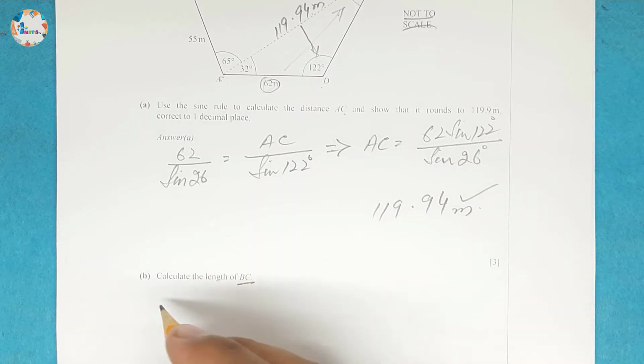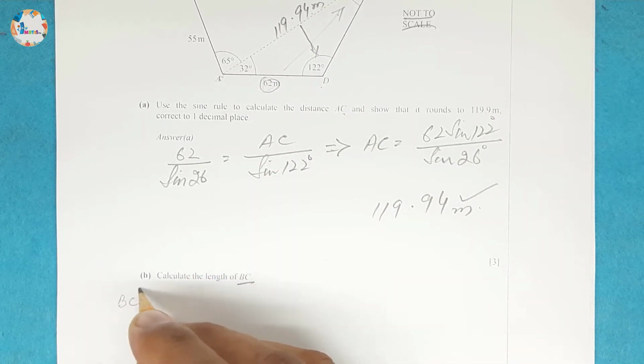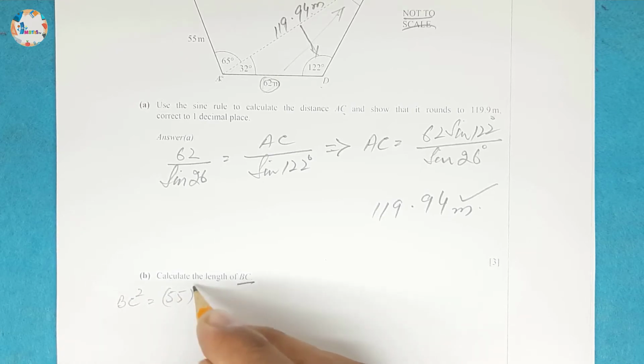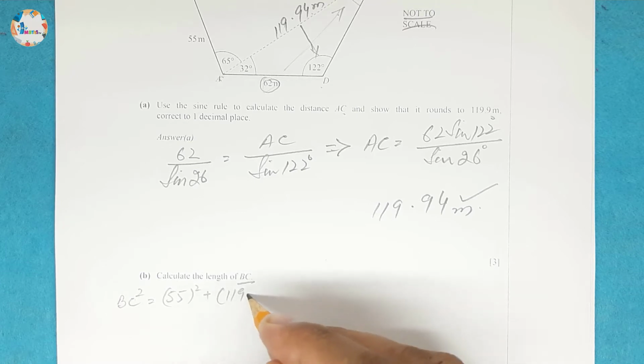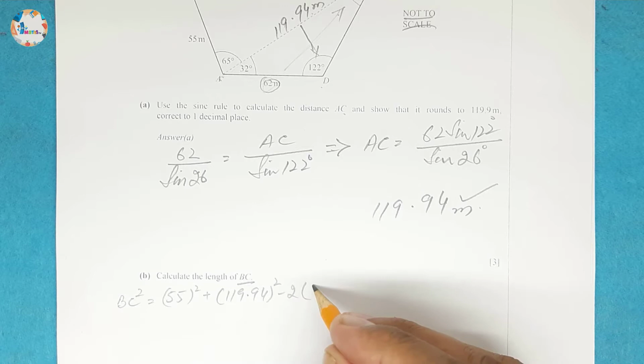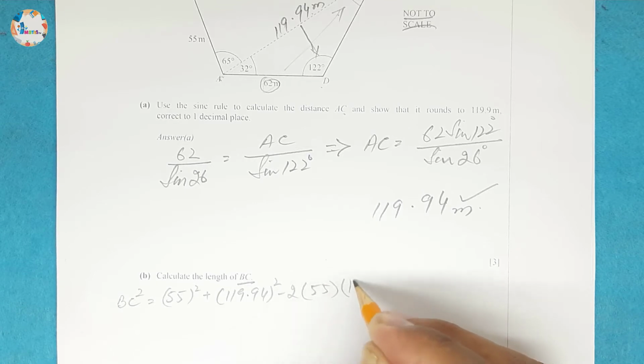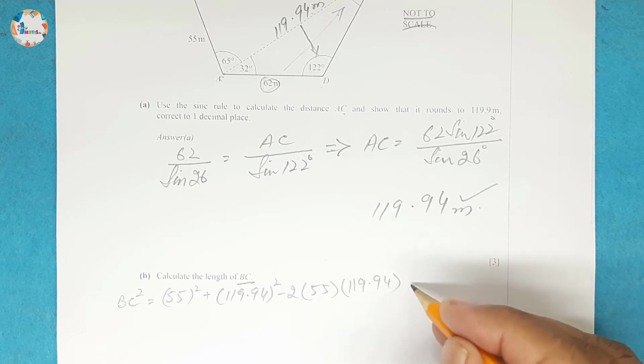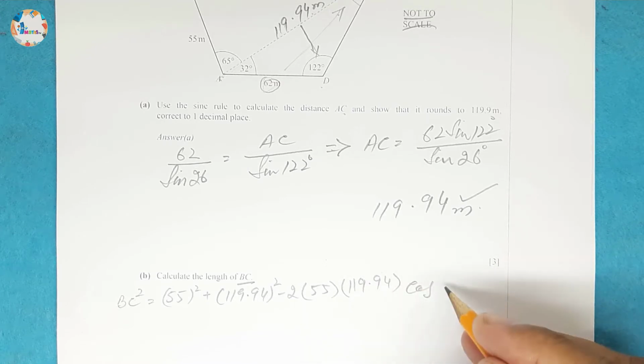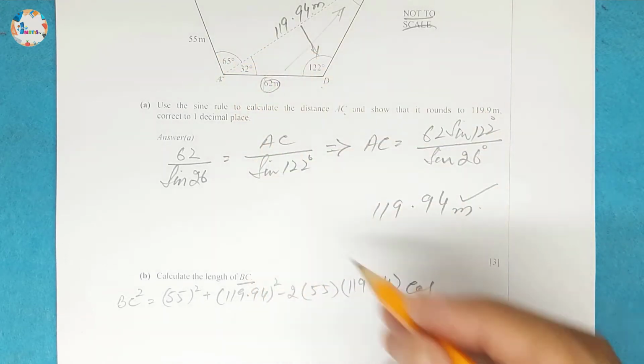We can use the cosine rule basically because we have two sides and their included angle. So BC squared is equal to one side, which is 55, squared, plus the other side, which is 119.94, squared, minus 2 into one side, which is 55, and the other side, which is 119.94, into cos of the angle, which is over here, which is 65.